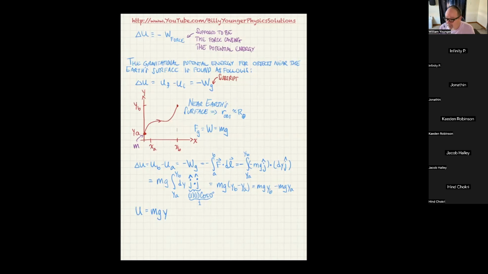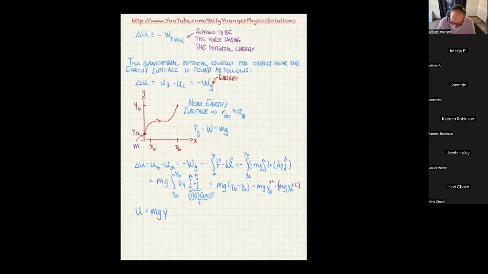And the reason why that's the case is because normally when we're trying to calculate stuff with potential energy, we're calculating the change in potential energy, and that's what matters. So if you happen to have defined your coordinate to be somewhere other than where I put it here, then this quantity mgyb would be plus c, and this quantity mgya would be plus c as well.